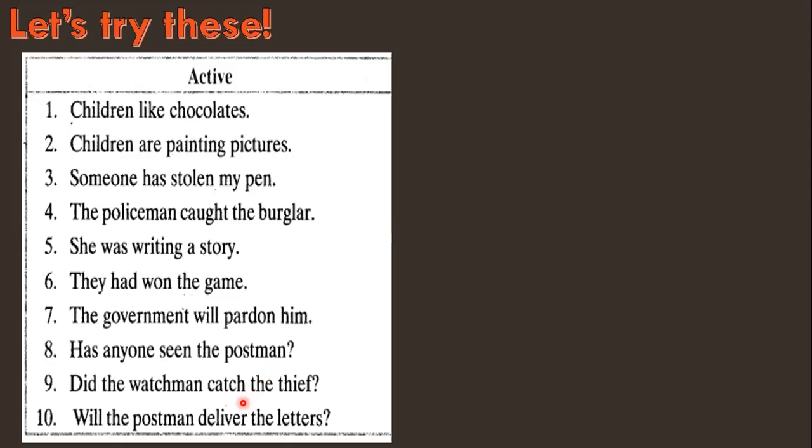Our auxiliary, remember, is been, B-E-E-N, been. It's not being. Being is used in a continuous tense. Yes, has the postman been seen by anyone? Okay. Has the postman been seen by anyone? No, it's not going to be have been there, it will remain has.